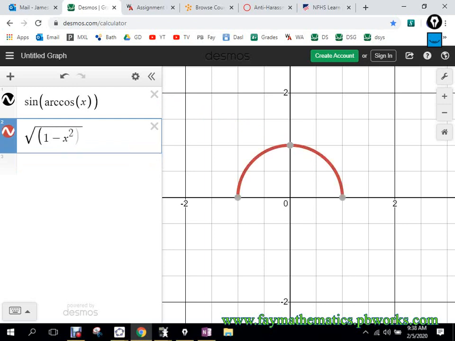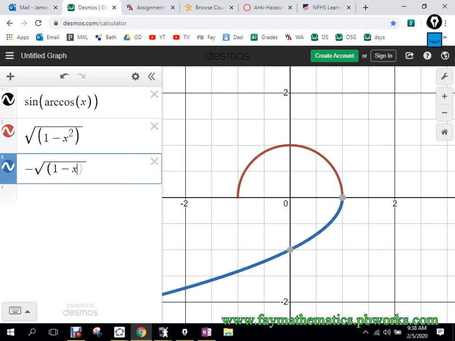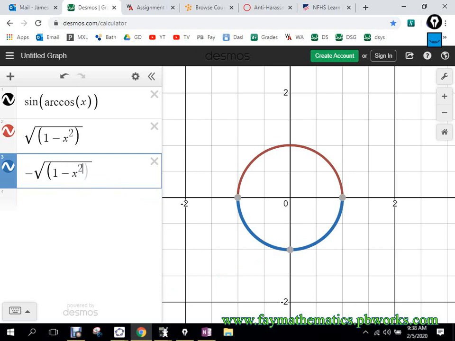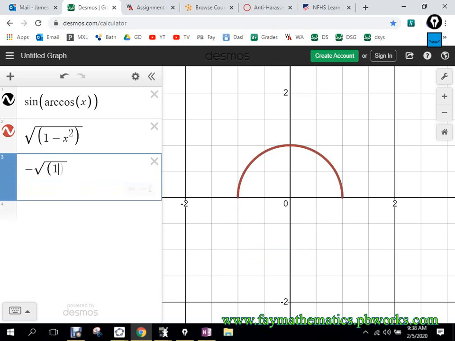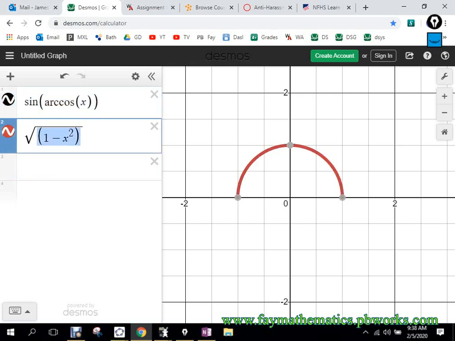And you also had to type in negative square root of 1 minus x squared. And that would give me my complete circle, right? Now, obviously, we're not worried about that in this problem. But if I type those two things in, this is what I started with. This is what I found it to be equal to. Are they the same? They are.